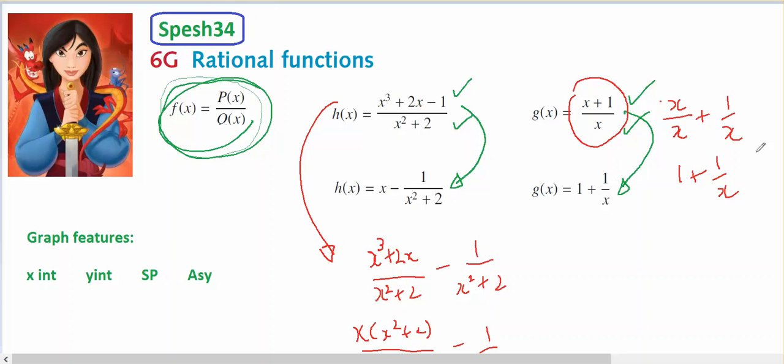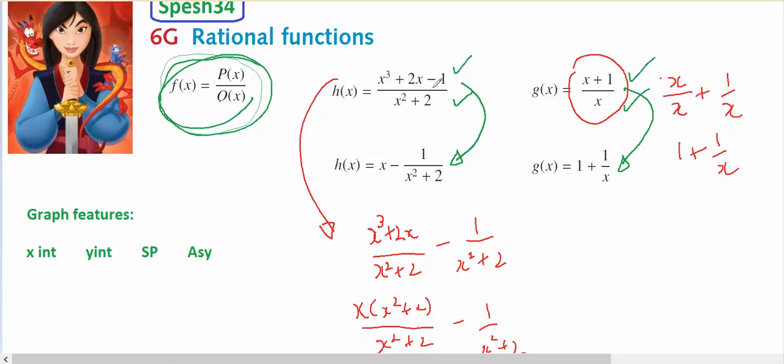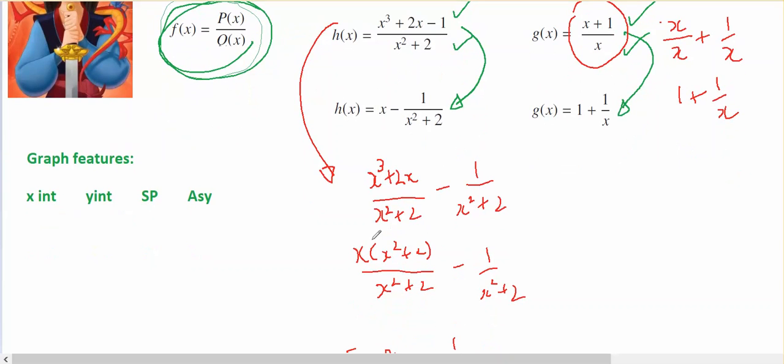And with some algebra for this second one, I could separate my numerator into x cubed plus 2x over x squared plus 2, minus 1 over x squared plus 2. There's a common factor in the numerator of x that can come out, and then this cancels with this to leave you with x.